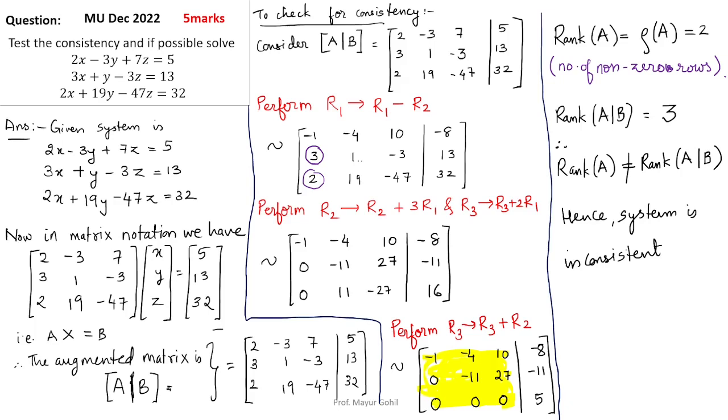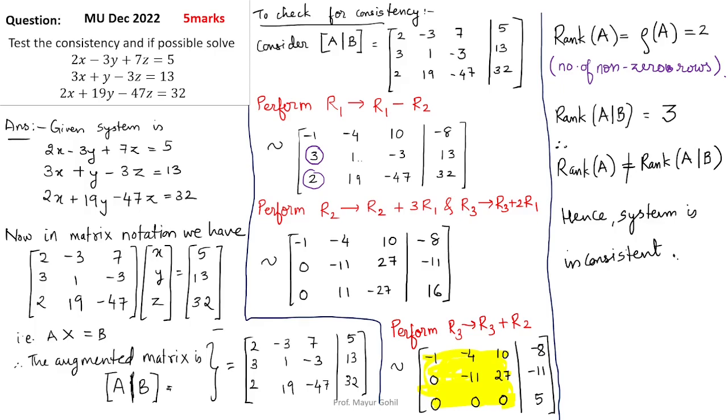Now this question for 5 marks is very simple, very straightforward and very scoring. It might appear lengthy, but it isn't. I have just solved it elaborately for you. I hope you have followed this.